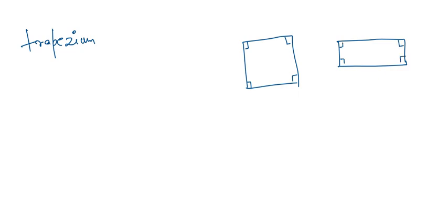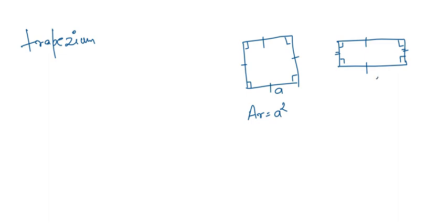The main difference is that in a square all the edges are of equal length, whereas in a rectangle the opposite edges are of equal length. Okay, and the area of a square, if I have side A, would be A squared.